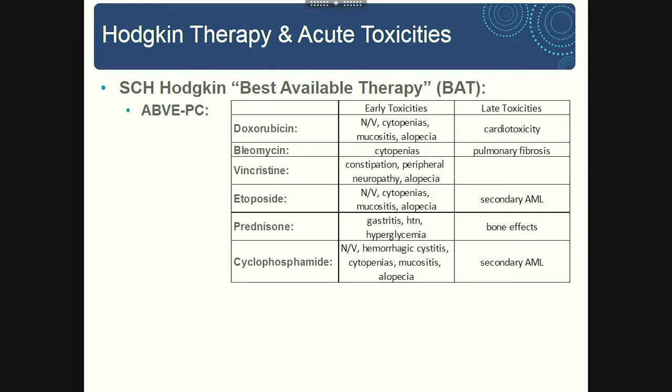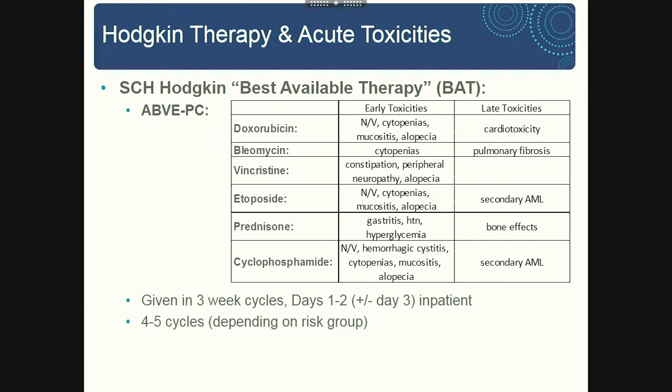But we definitely are having conversations more lately about fertility preservation options for these patients, and have had a couple of patients actually pursue oocyte cryopreservation. And all of the short-term toxicities, I think, are stuff that you guys are used to seeing in our patients.